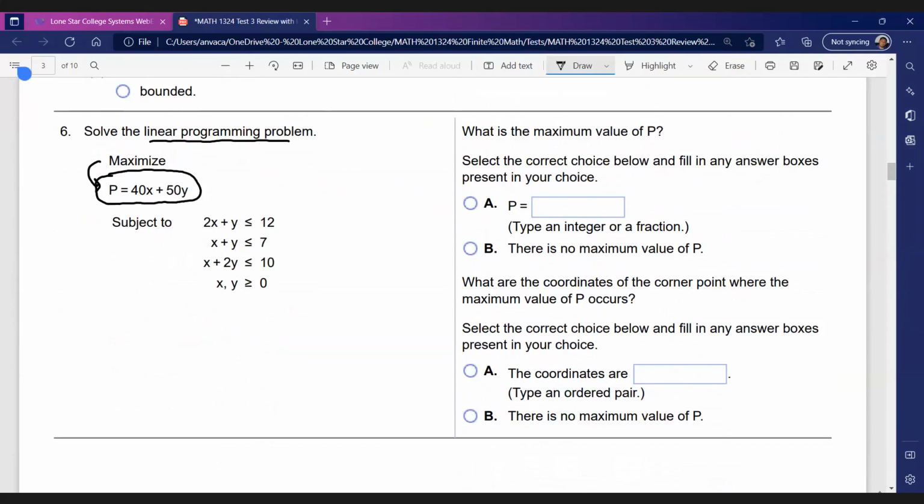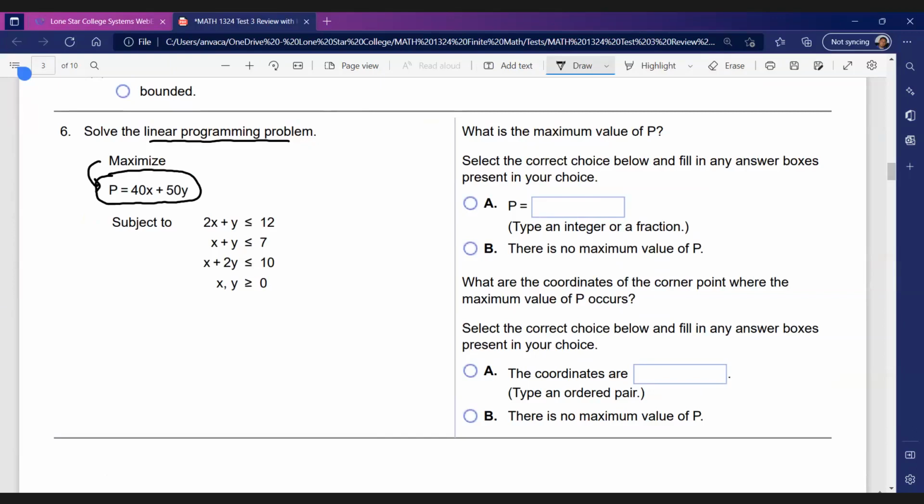And we would like to maximize that objective function. So this objective function is subject to these particular constraints. So our job will be to graph this system of inequalities, and then we need to find some corner points. But let's just focus on actually graphing this system of inequalities.